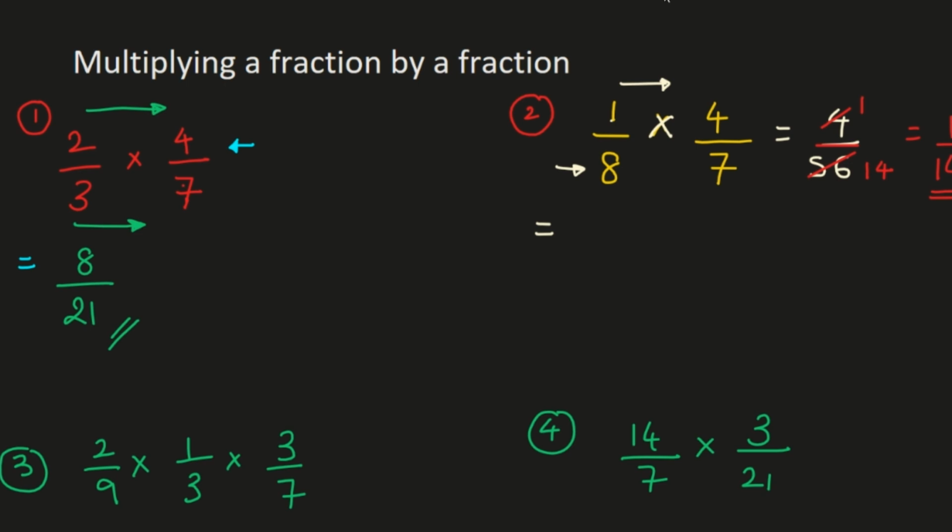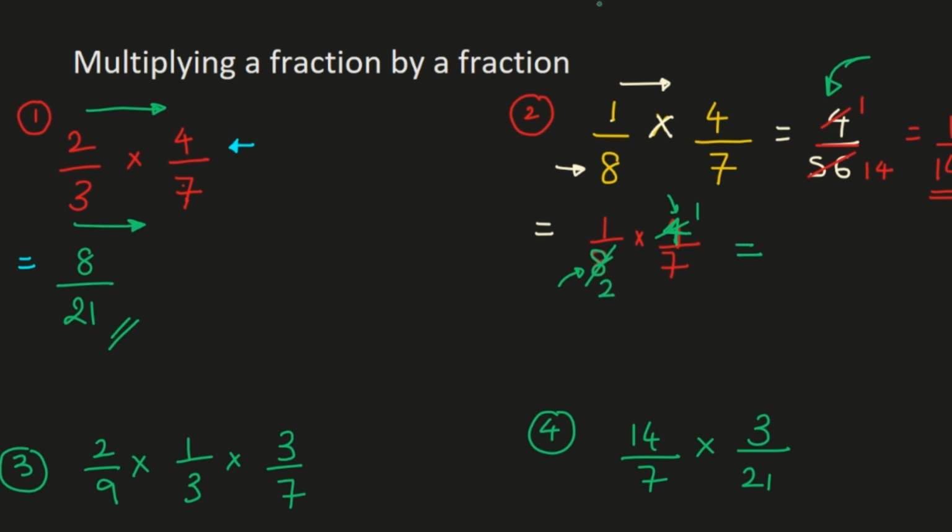It has quite a lot of steps. Let's do the same question like this: 1 upon 8 into 4 upon 7. Instead of simplifying the answer, I'm simplifying the question itself. You know that 8 and 4 are present here. Since this is a numerator and this is a denominator, we can simply divide them. 4 divided by 4, it's 1. 8 divided by 4, it's 2.